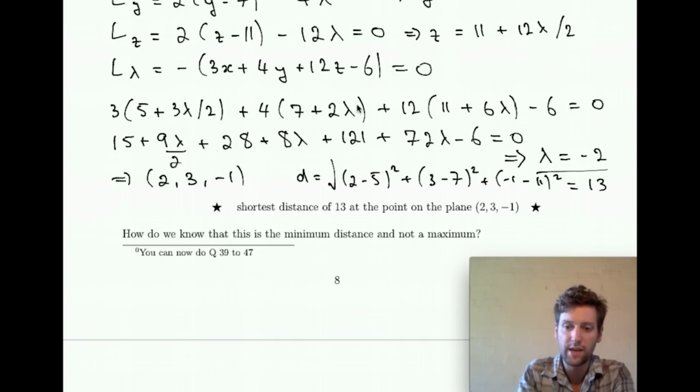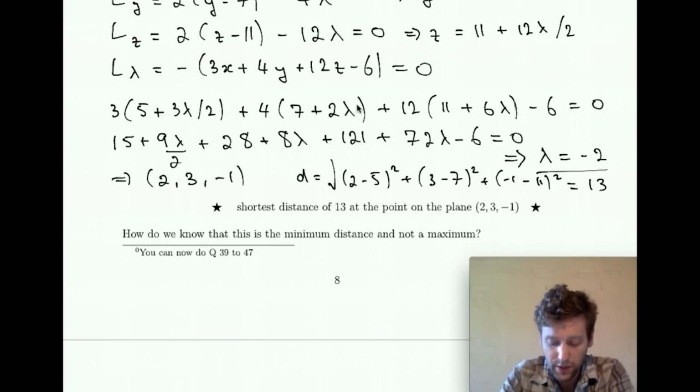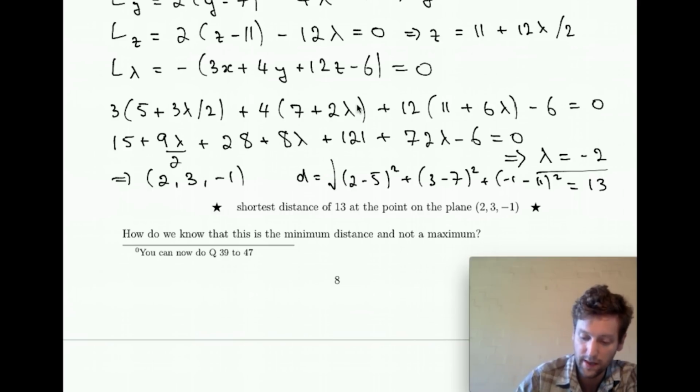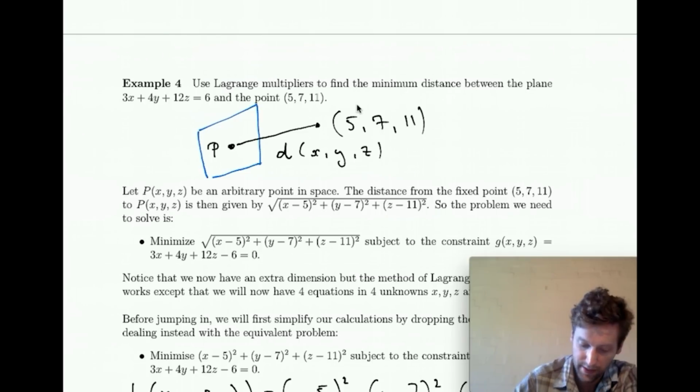So I'll let you work through the details of that on your own. The point here is that we could use the fact that the distance squared is just as good as the distance in terms of trying to find the minimum distance from the point to the plane. Again, there's only one point here, and we know that it's got to be a minimum distance and not a maximum distance because I could move my point as far away as I like along the plane, because the plane of course extends infinitely.